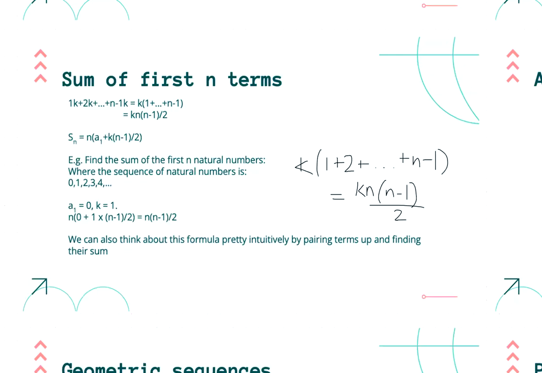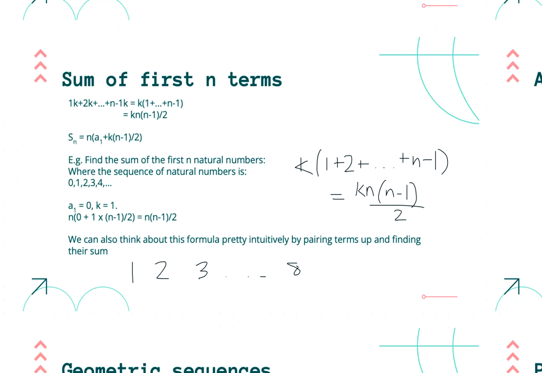Okay, so now we have this general form for the sum of an arithmetic sequence. And this is going to be pretty helpful for a lot of our computations. And there's also a pretty intuitive way of thinking about it. So let's say we use a pretty simple sequence of numbers. Let's say we go from 1, 2, 3, all the way up to 8 and 9.